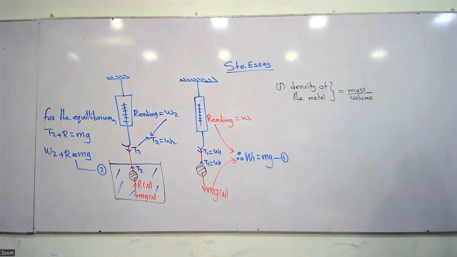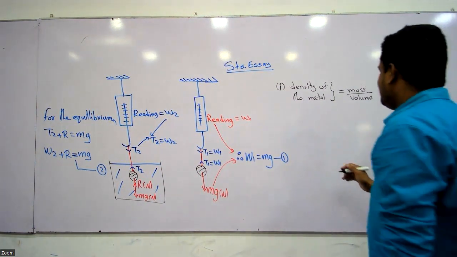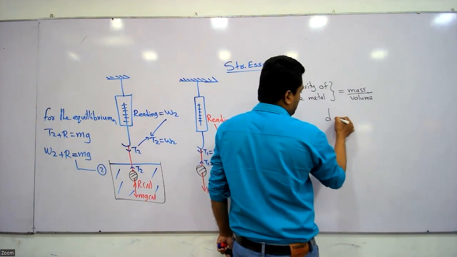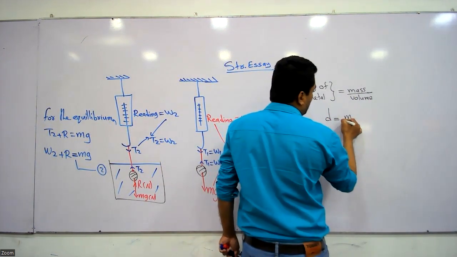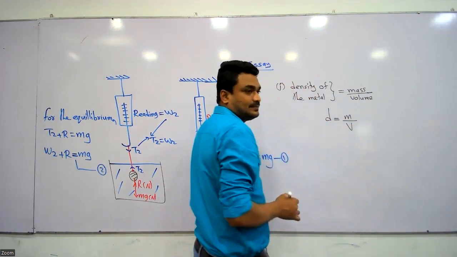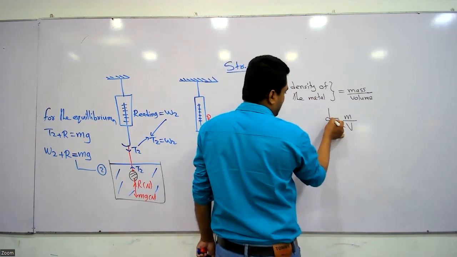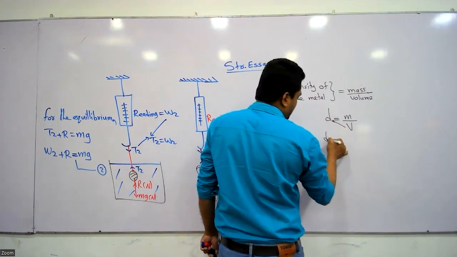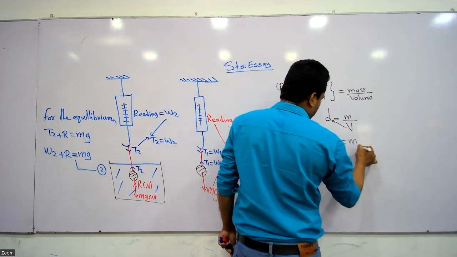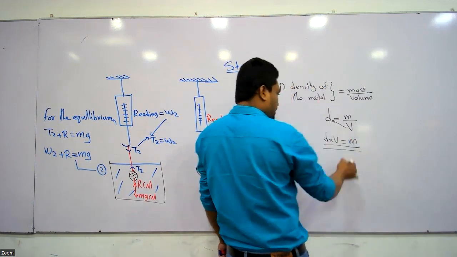The density of the metal is D, the mass of the ball is m, the volume is V. If I take V to this side, I obtain D times V equals m.